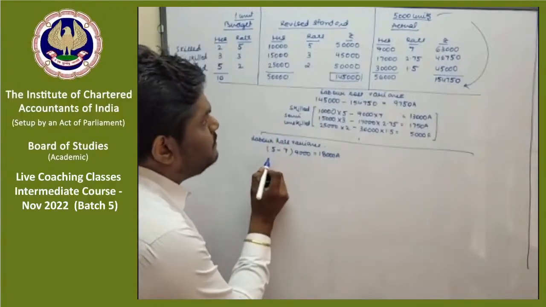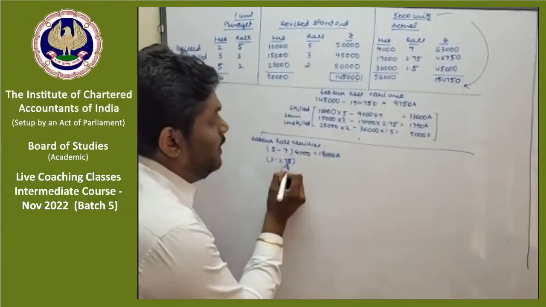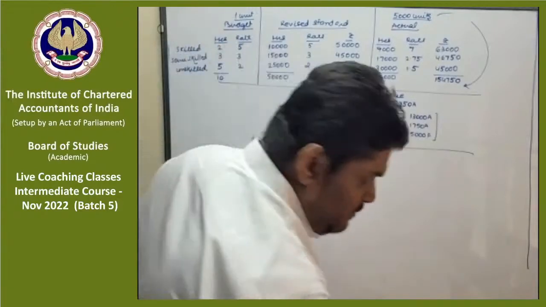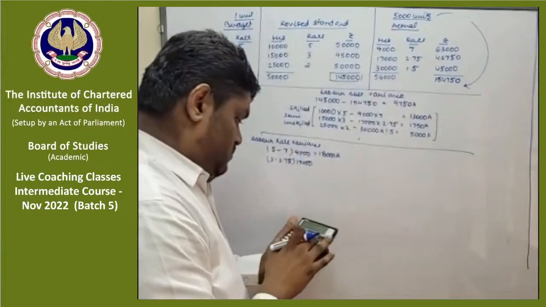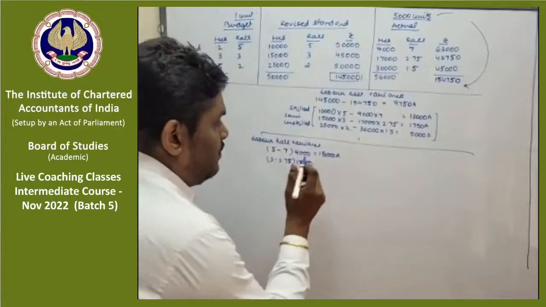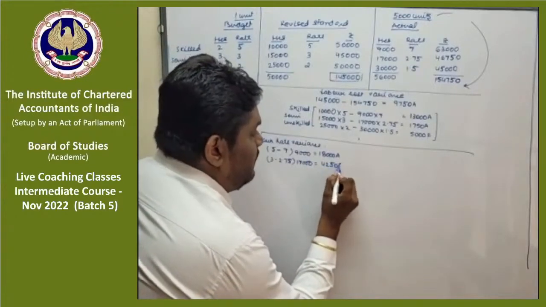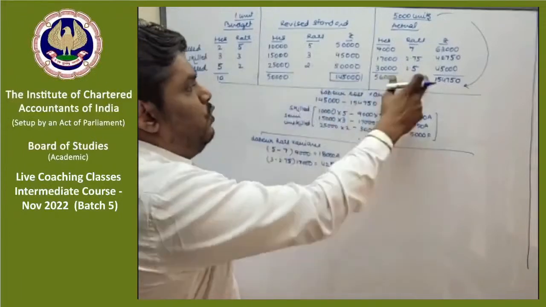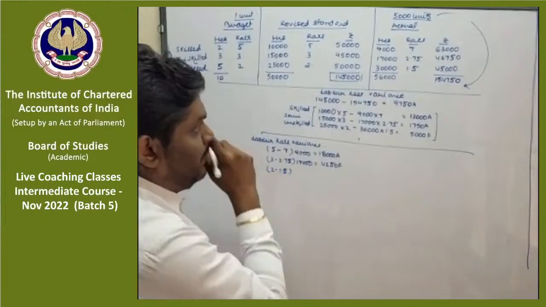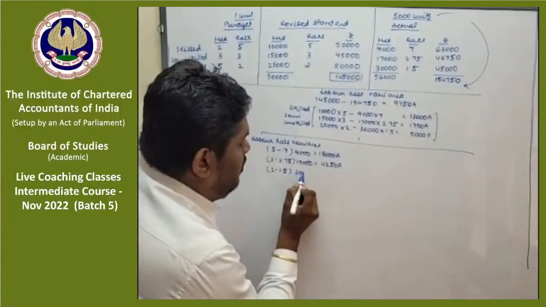Similarly, 3 minus 2.75 into 17,000. This will be 4,250 favorable. Similarly, 2 minus 1.5 into 30,000.